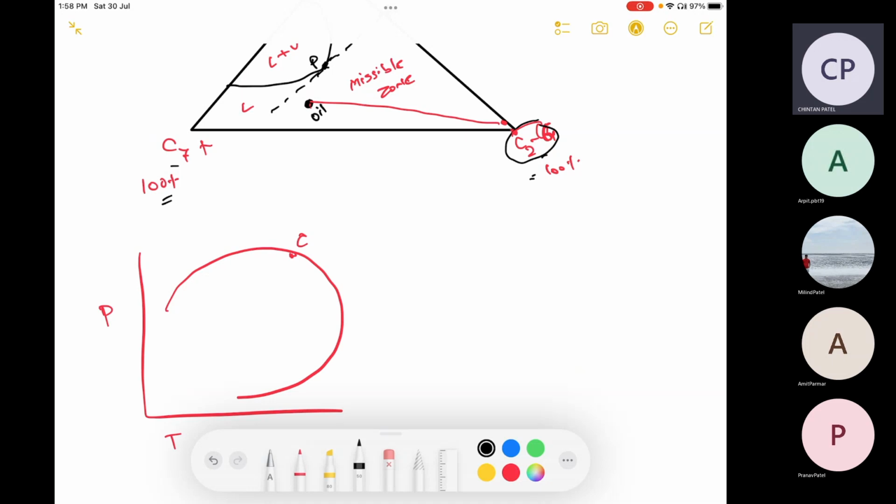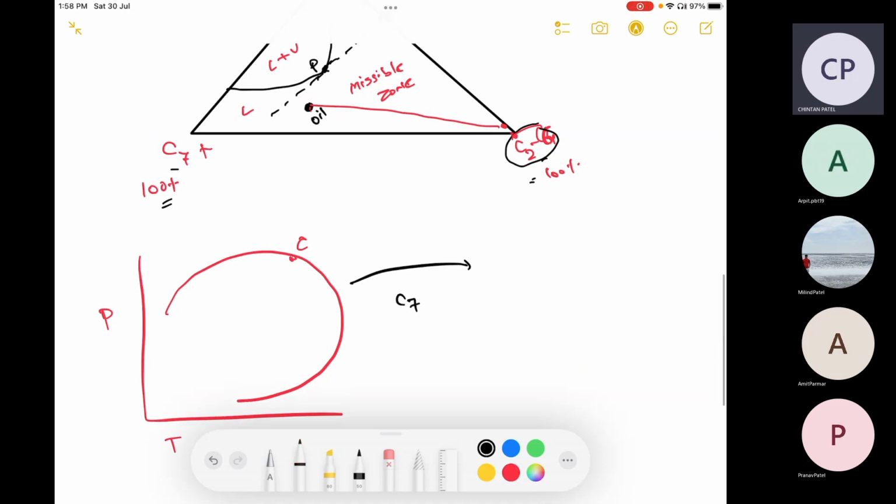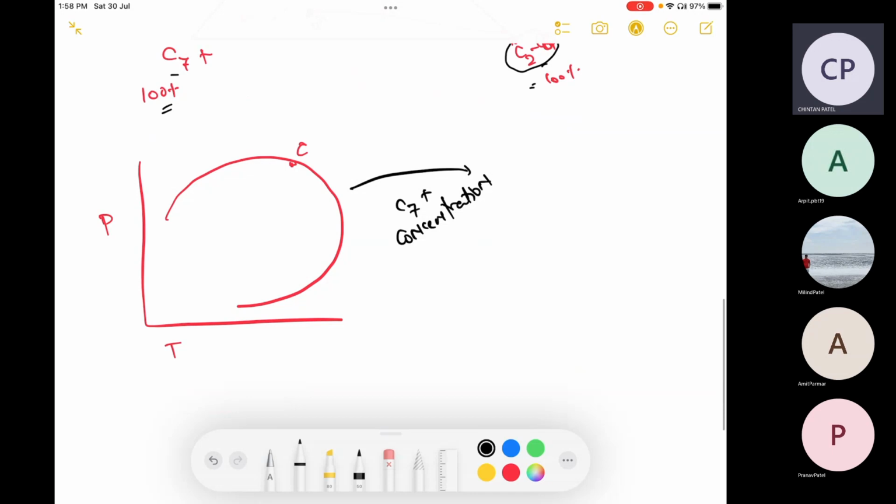Suppose I'm increasing the C7 plus concentration, that means I'm increasing the C7 plus composition inside this crude oil. If I'm increasing C7 plus, then I'm reducing something else, or that may be constant also. This is the case where C7 plus is lower, and this is the case where C7 plus is higher. So can anybody tell me how this curve changes?